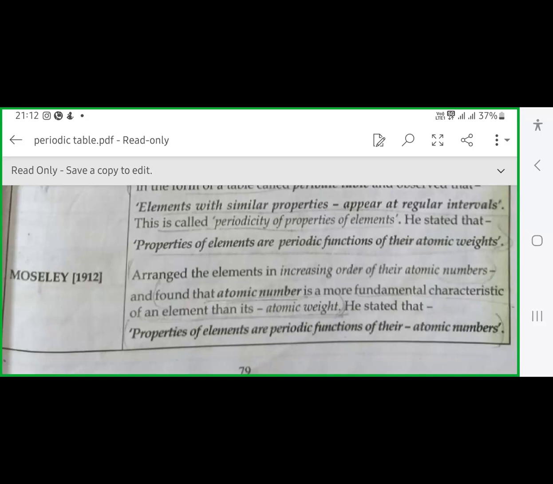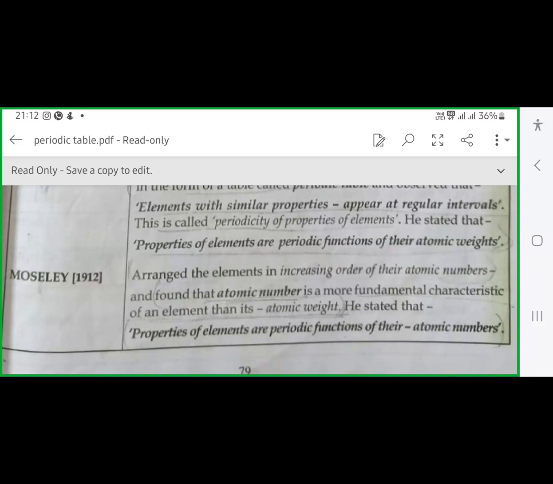Can you tell me what is the difference between Mendeleev's periodic law and the modern periodic law?